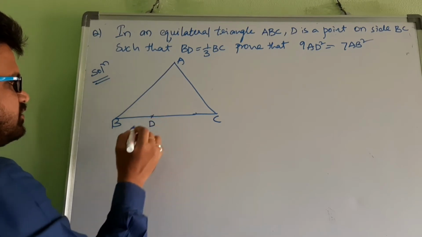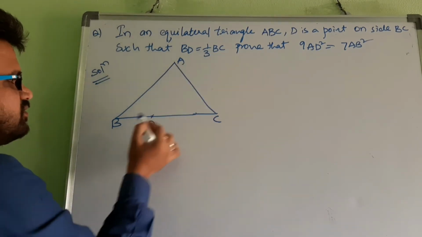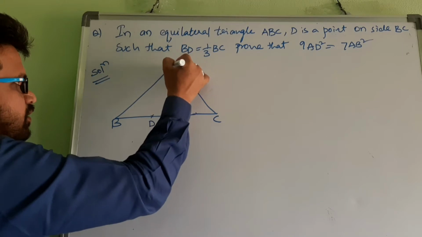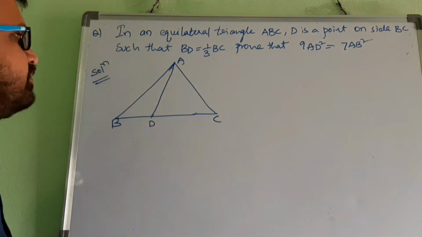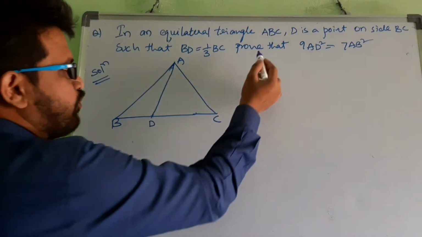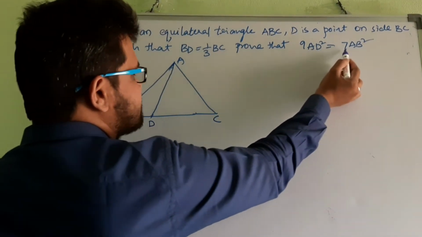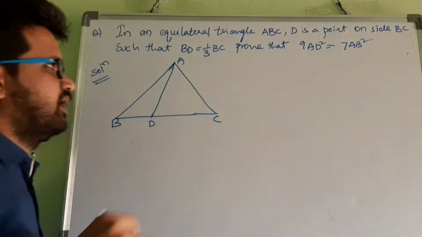I am taking D here because BD is equal to 1/3 of BC. So join AD, and prove that 9 AD square is equal to 7 AB square.